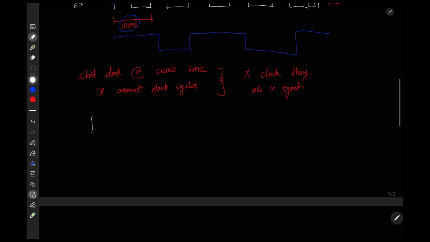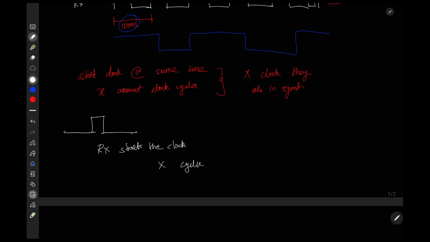You will send a start bit in your data so that the receiver can start the clock. The receiver starts the clock, and for some x cycles you can use this clock reliably. The more cycles you use this clock, the less reliable it becomes.